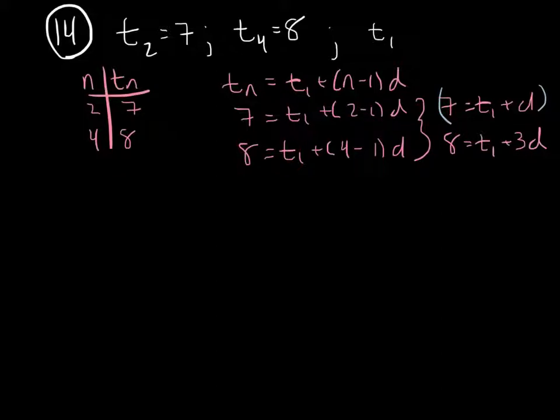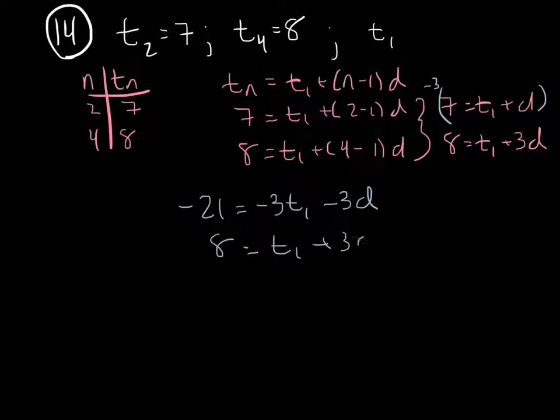Now let's do negative 3 there. That'll cancel the d's, and if I take those two, that gives me negative 21 is equal to negative 3 t sub 1 minus 3d. I've got 8 is equal to t sub 1 plus 3d.